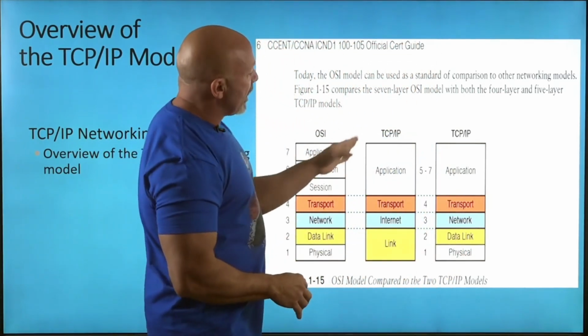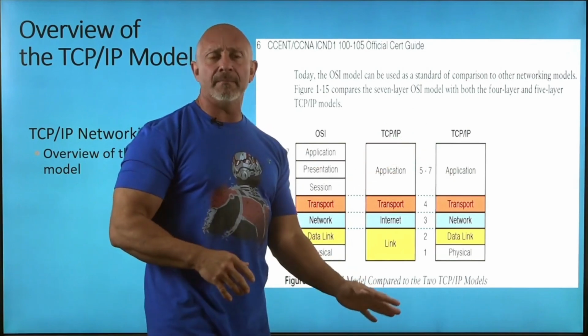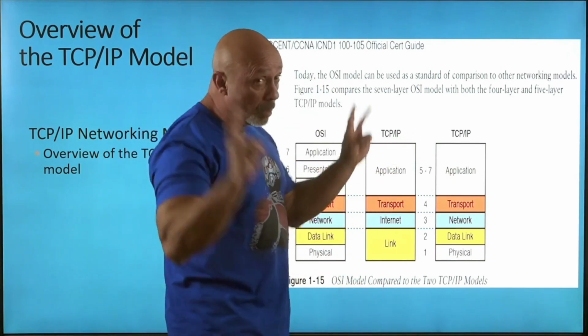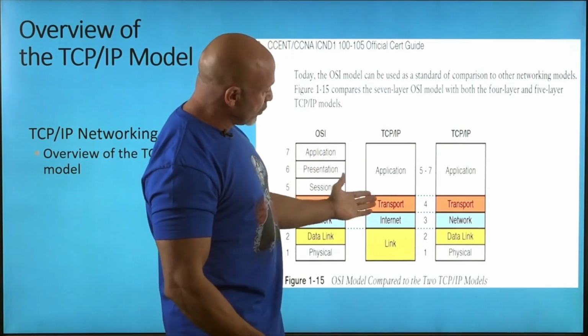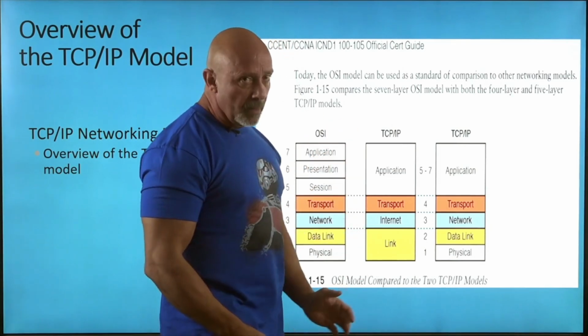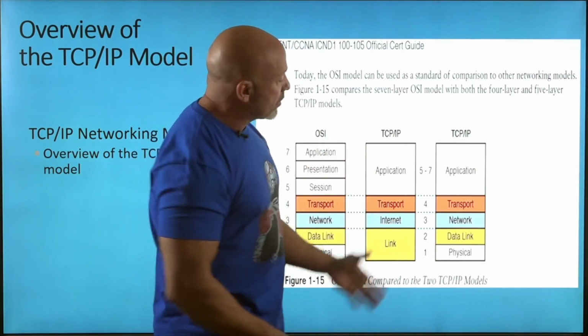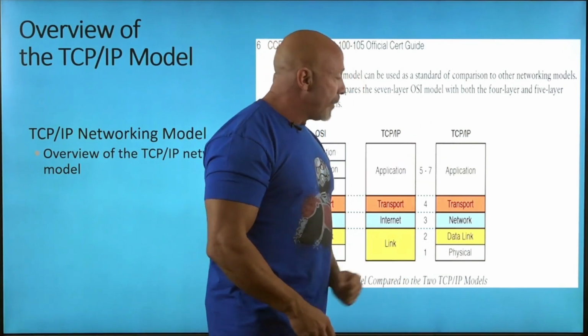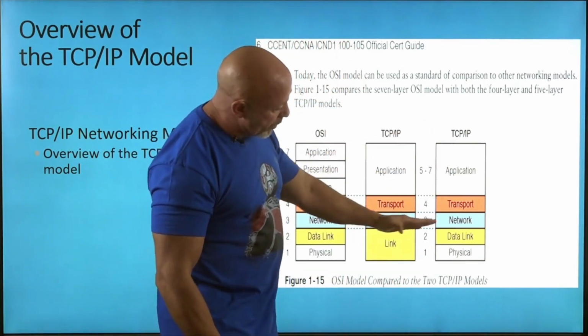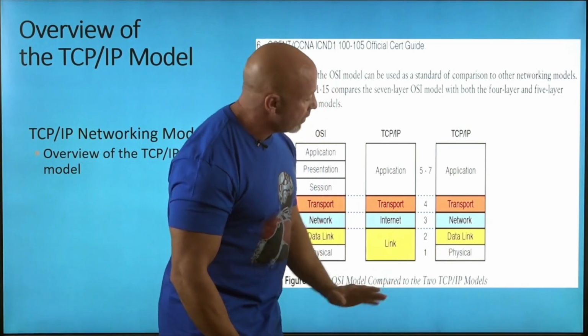All right, we have the OSI, the TCP/IP, and TCP/IP again, because this is the original. There's 4 layers: the application, transport, internet, and link. But now Cisco is using a 5-layer TCP/IP model: application, transport, network, data link, and physical.